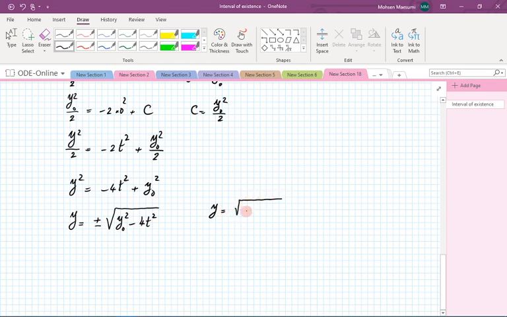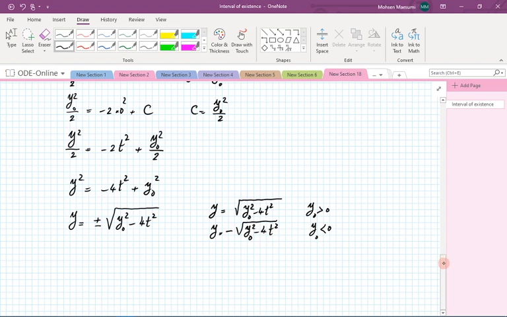The answer is the square root of y0 squared minus 4t squared if y0 were positive. On the other hand, if you want to start at the negative spot, then you have to have that negative in front of this to conform to what you want.